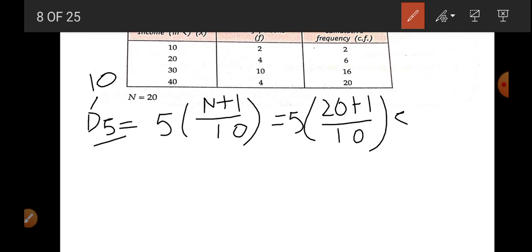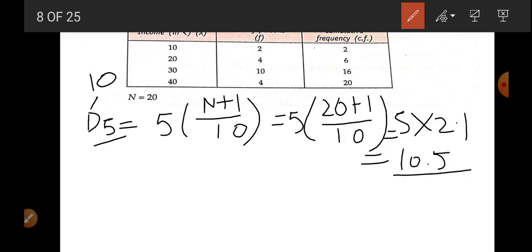It means 5 multiplied by 2.1. So when we do the calculation, we get the value 10.5. Okay, so 10.5 lies in which 16?